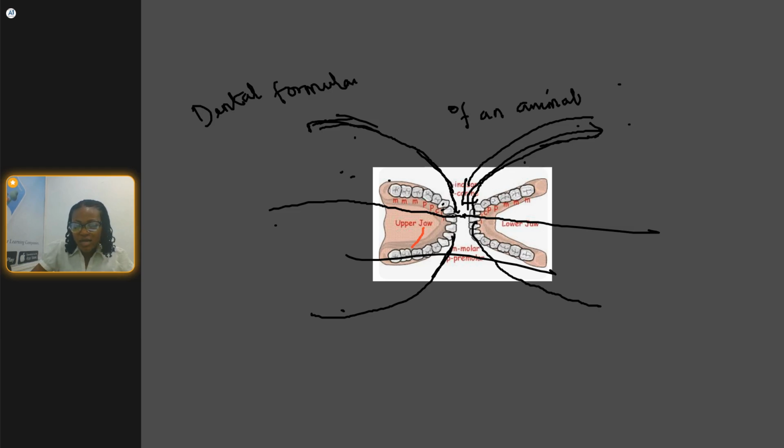That is what we mean by representing the number and types of teeth in half of the upper and lower jaw. I believe you understand and you are with me.